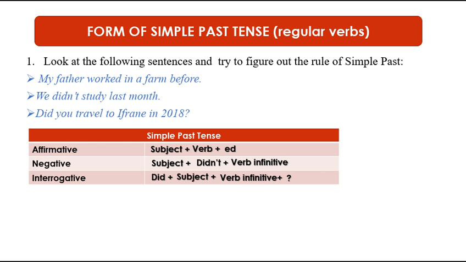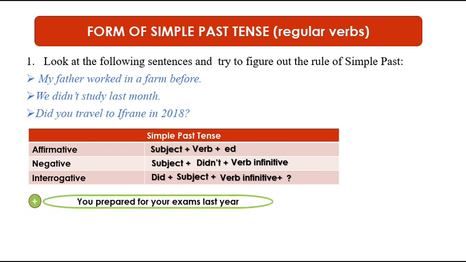So we are going to apply these three rules on the following sentence. We have an affirmative sentence: you prepared for your exams last year. Now try to put this sentence in the negative form and in the interrogative form.